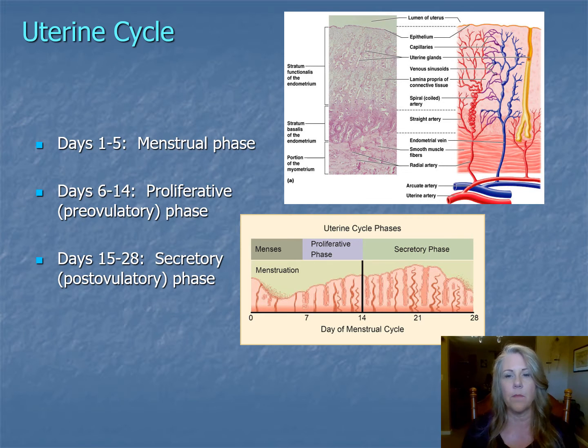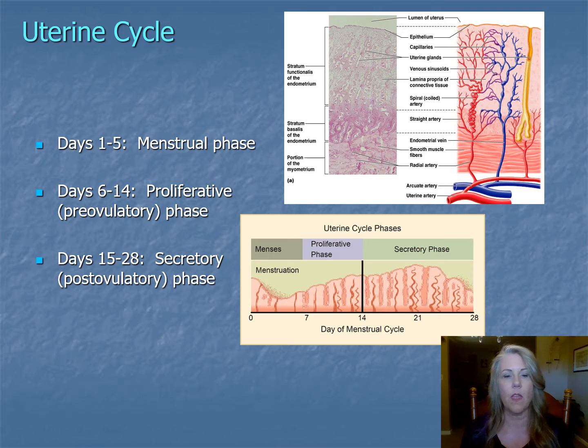All right, let's get a little more detail about this uterine cycle. I'm giving you the numbers for a typical 28-day cycle. Days 1 through 5, we're in the menstrual phase, the menses. This is when you would be having your period. Days 6 through 14 is what we call proliferative. You're proliferating, making more of the endometrium. You're building up the endometrium.